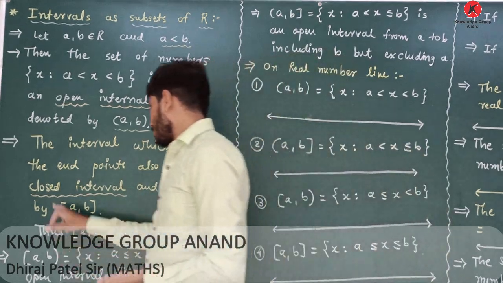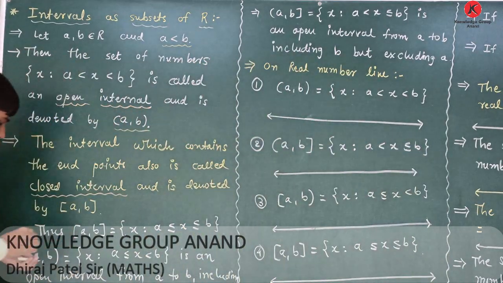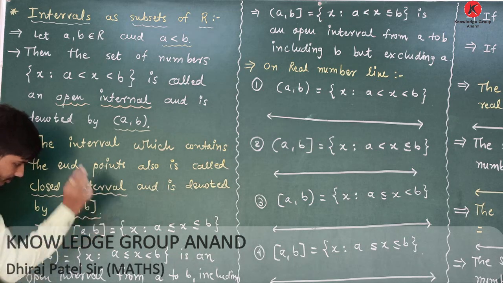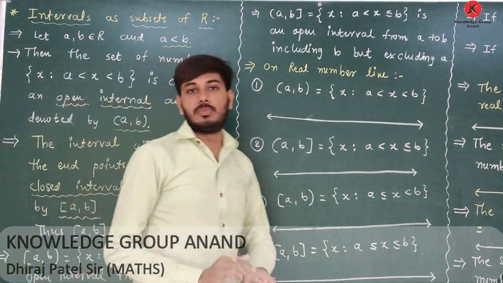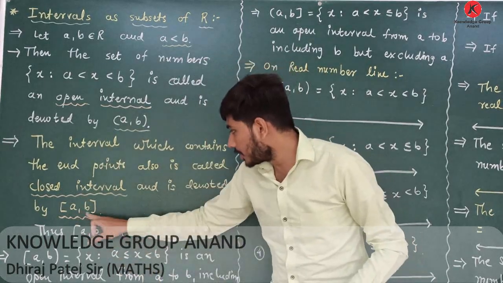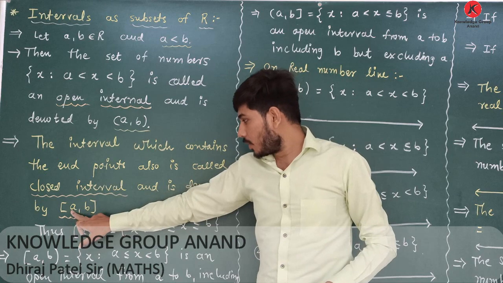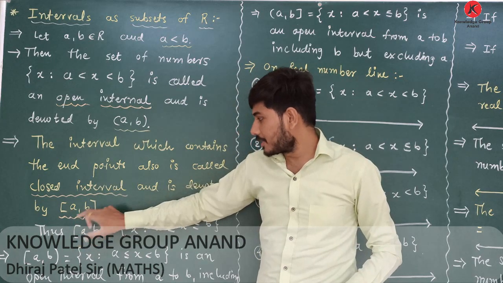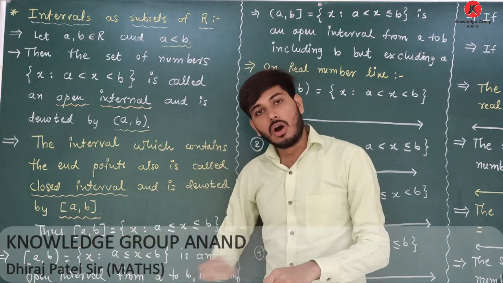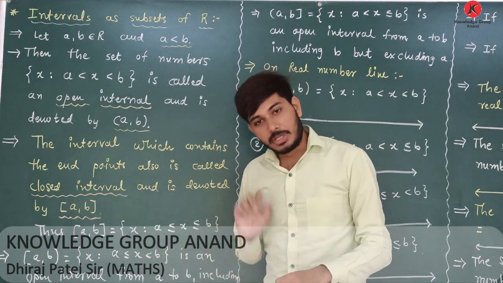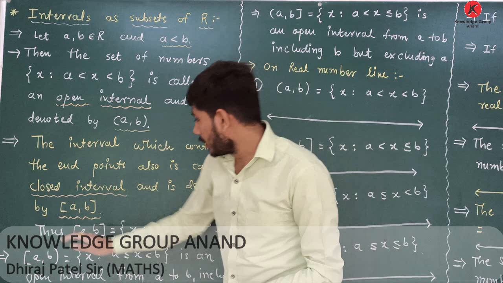The interval which contains the end points also is called a closed interval, and the notation for a closed interval is square bracket A to B. The square brackets represent x equals A as well as x equals B, and all the x lie between A and B. So there are three conditions here.